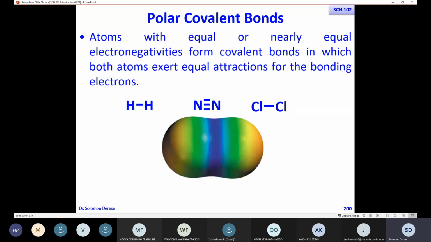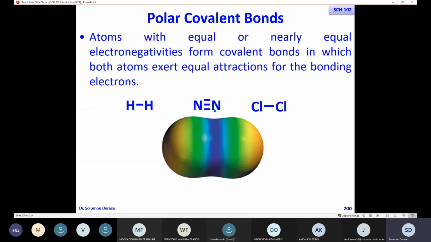For example, if you look at the distribution of electron density in these molecules, since these are molecules that have identical elements bonded to each other, the electrons of the bond will be uniformly distributed.